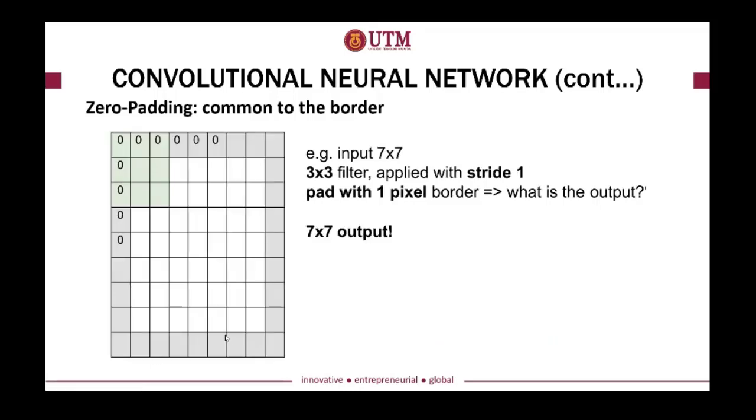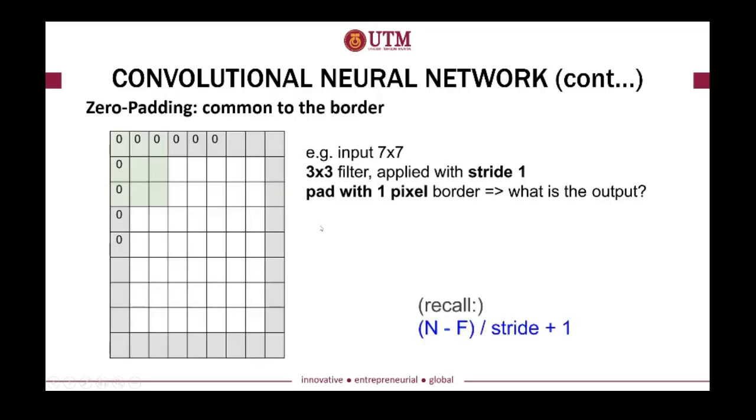So at the end, the output size is still maintained at 7 times 7 because you add dummies. You enlarge the matrix with 1 line of pixels and put 0s, which are considered dummy numbers, and after you apply the convolution, the output is 7 times 7, which is similar to the original size of your input matrix.